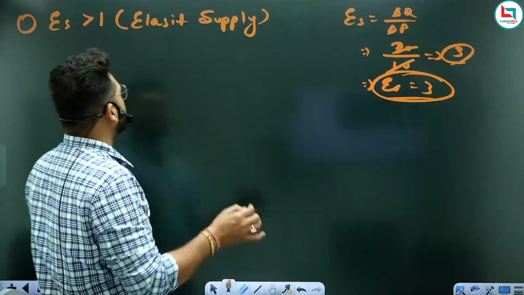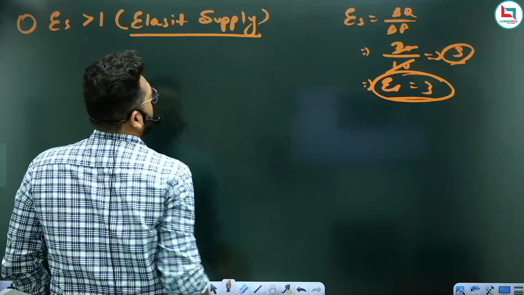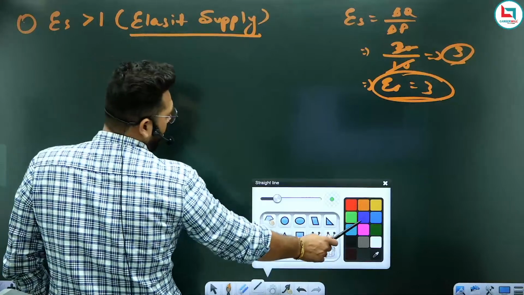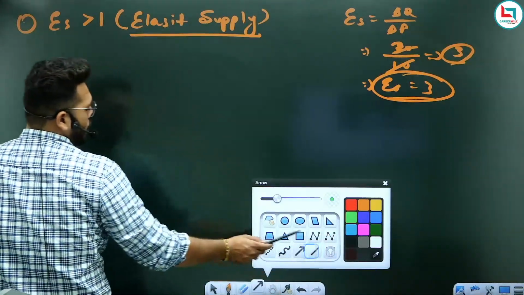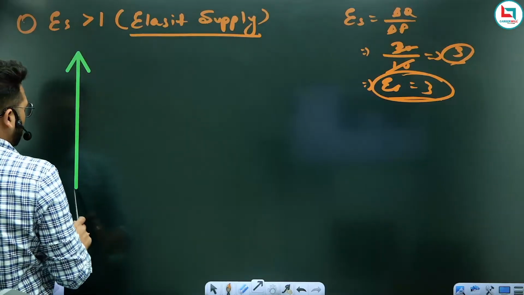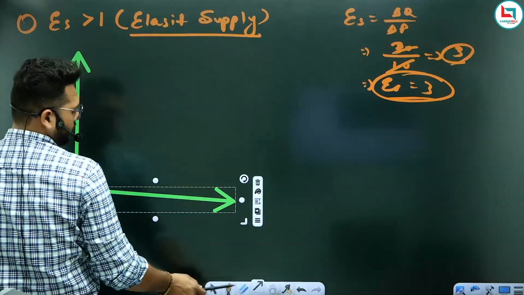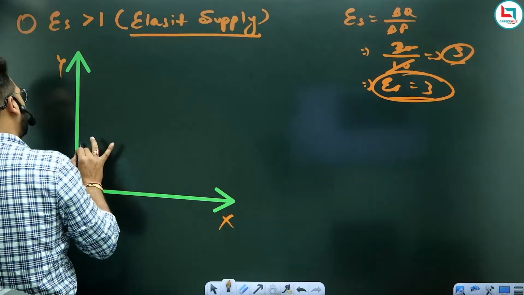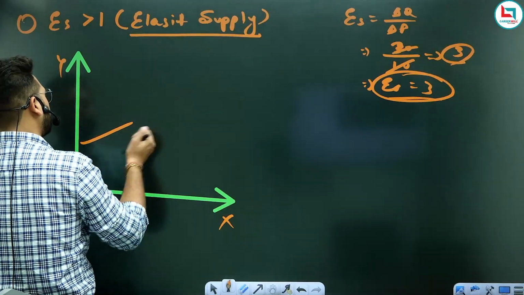So you can say this is elastic supply. If you want to make this curve, it will be like this, X0Y, a little bit like this.